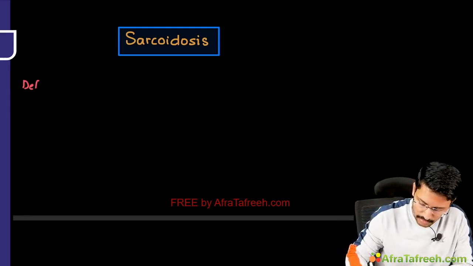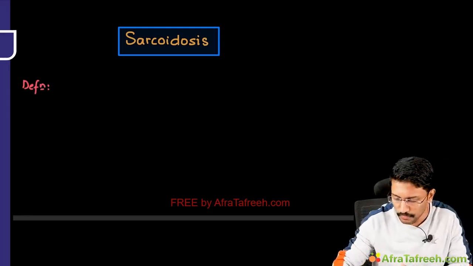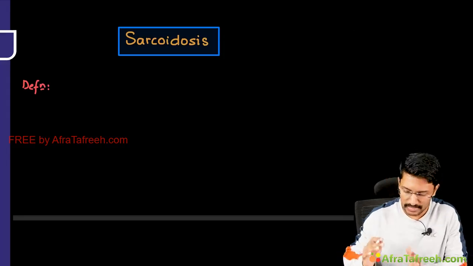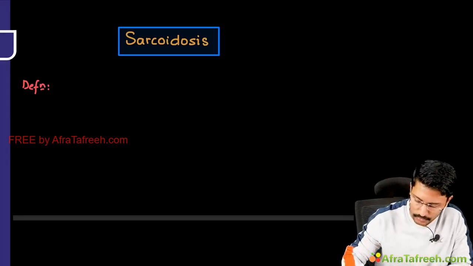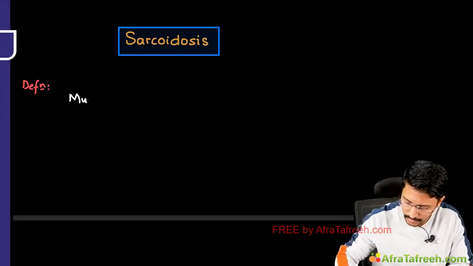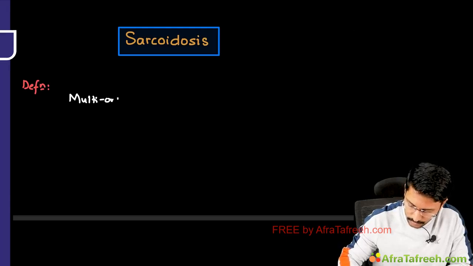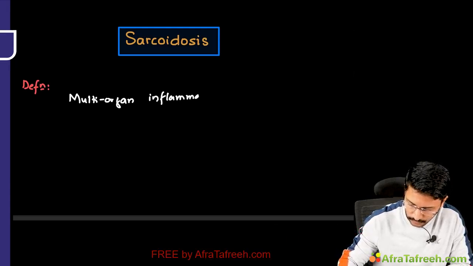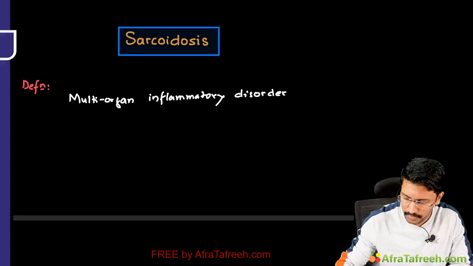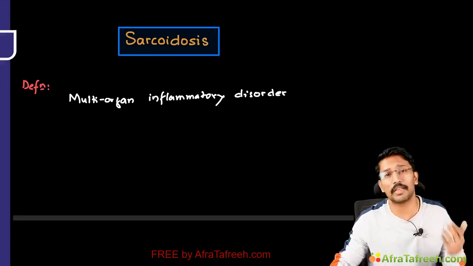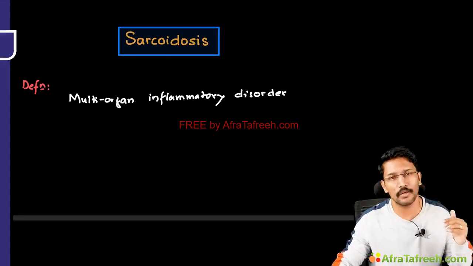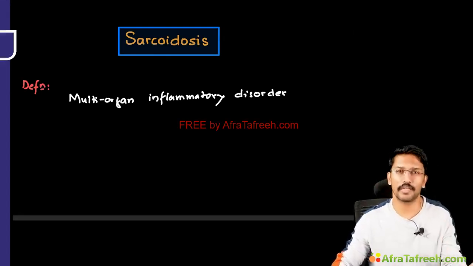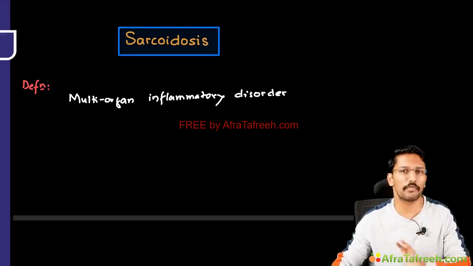Okay, can anybody make an attempt to define sarcoidosis? How would you define it? Let me put a very simplistic definition of sarcoidosis. Sarcoidosis is a multi-organ or multi-system inflammatory disorder characterized by, because we know a lot of other disorders where multiple organs are affected with inflammation apart from autoimmune disorders, like autoinflammatory syndromes, your familial Mediterranean fever, all those are also multi-organ inflammatory disorders.